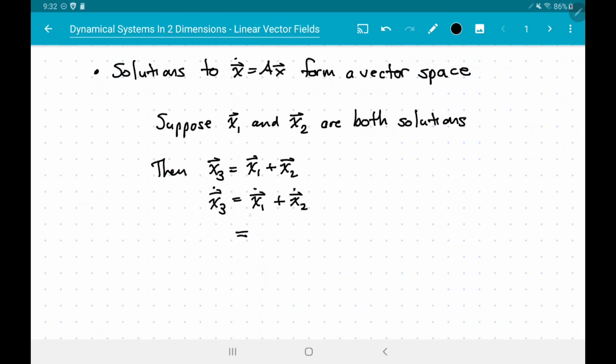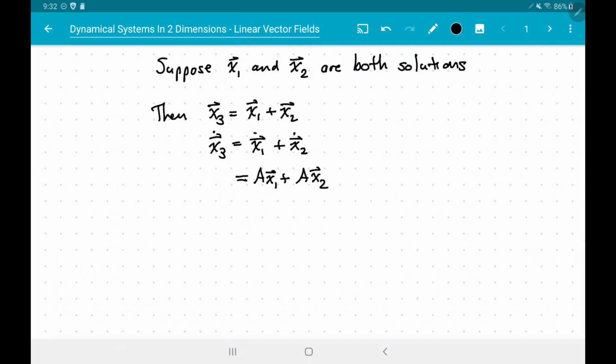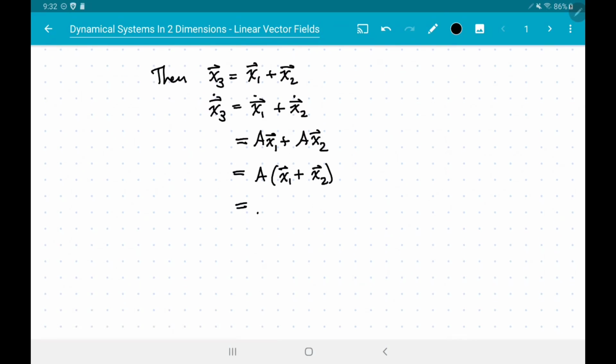Both of these solve the differential equation, so their time derivatives are the matrix A times the vector functions x1 and x2. And since matrix multiplication is linear, I can factor out the matrix A to the left and then arrive here, so that the derivative of the sum is A times the sum function x3.